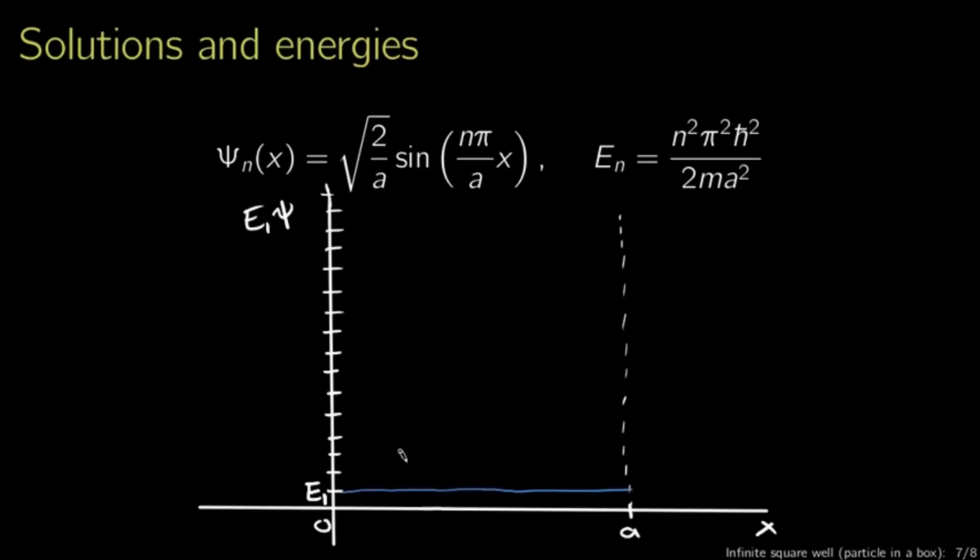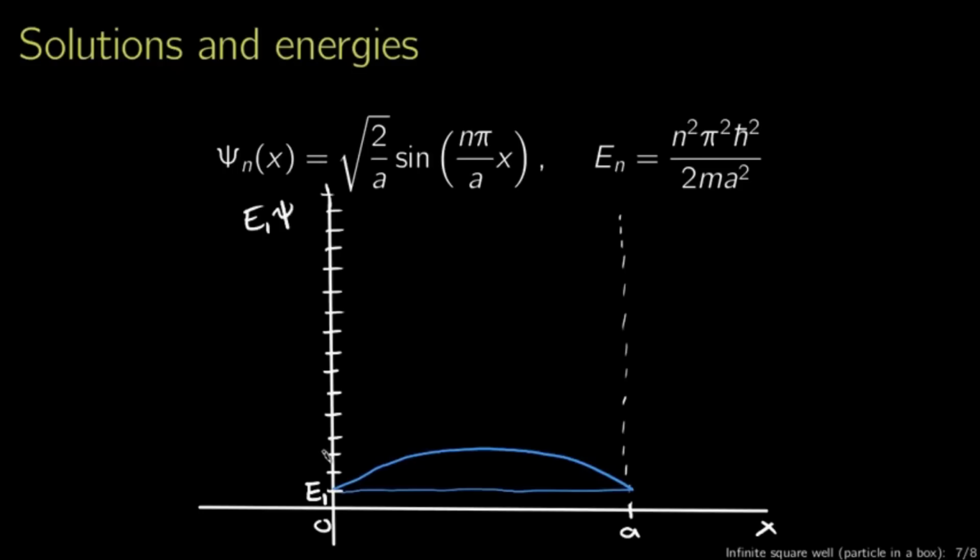Now treat this as an axis for a plot of the wave function. Now we know what the wave function looks like for E1. If we substitute 1 in for n here as well, we just get sine pi over a times x with a normalization constant. Just to show the shape of this wave function, we don't really care about the normalization constant. And it looks something like that.